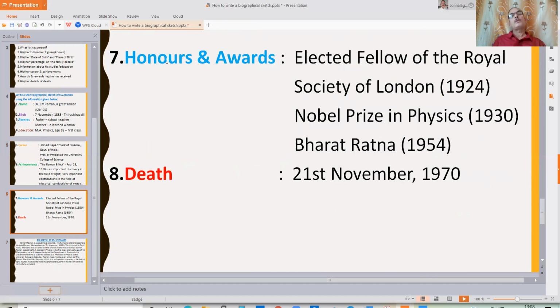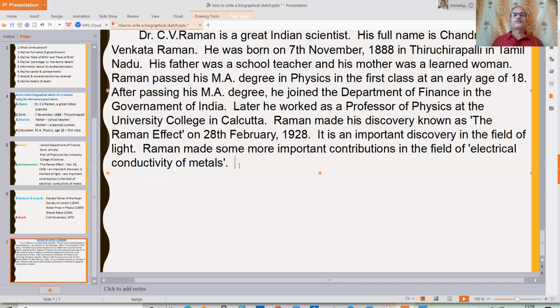Now, honors and awards. For his great contribution to the field of optics or to the field of science, what are the honors or awards that C. Raman was conferred with, or that he received? Elected Fellow of the Royal Society of London in 1924. That means elected. He did not elect anybody else. He was elected. That means it is in passive voice actually. So that's why what we have to write: elected Fellow of the Royal Society of London. Who was elected?